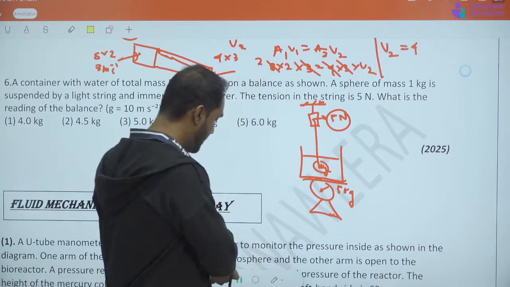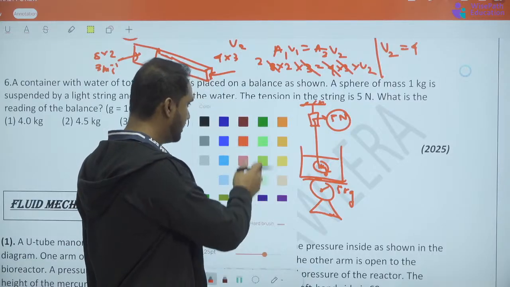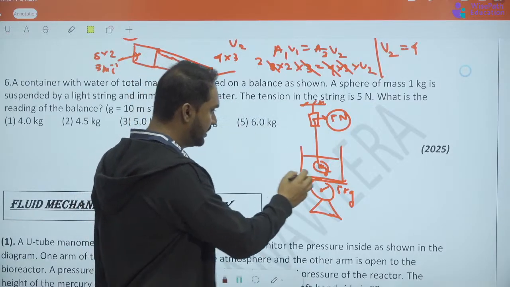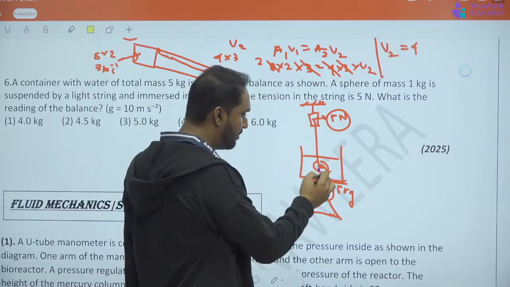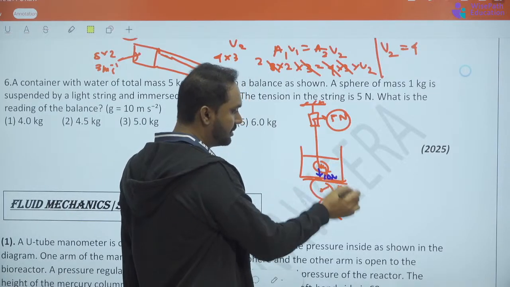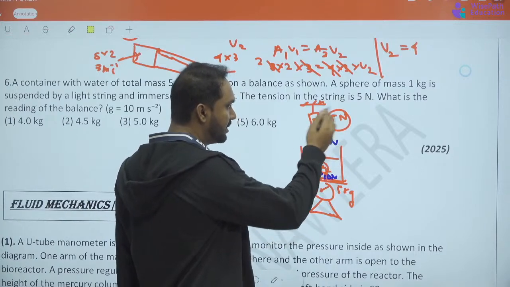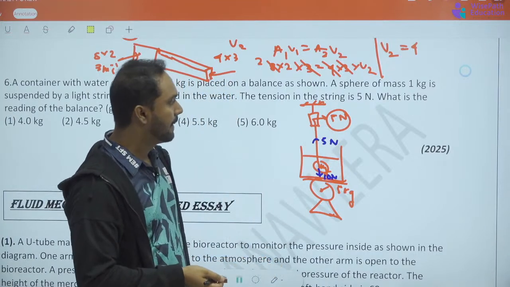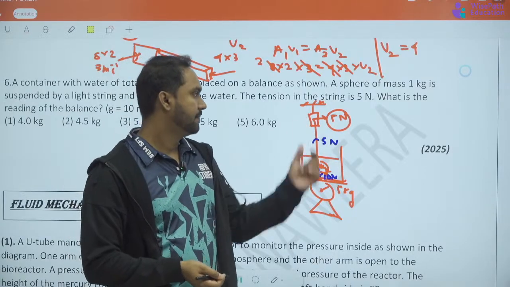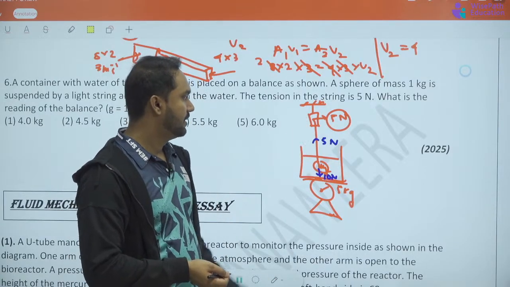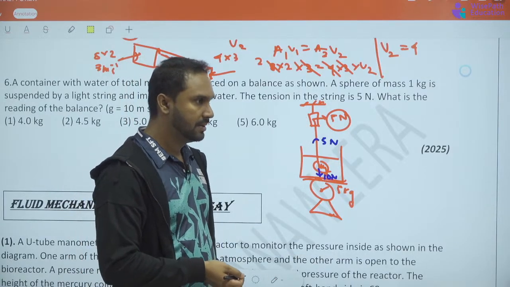The weight of this mass that is immersed is 10 newtons, because 1 kilogram times 10 is 10 newtons, right? And the tension here is 5 newtons, because the tension should be the reading of the spring scale.